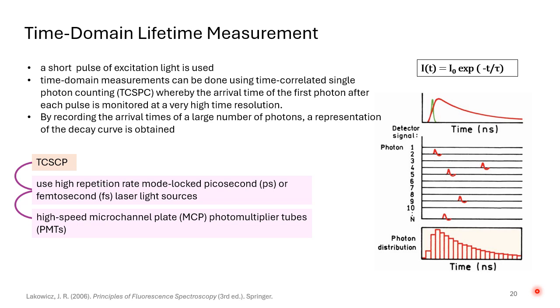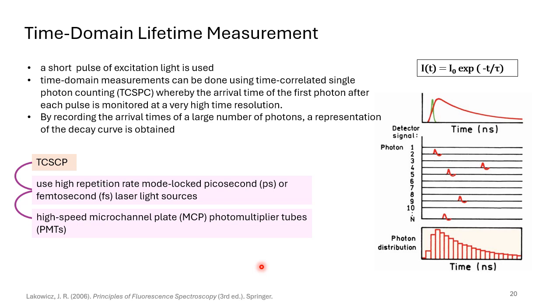So by repeating this method again and again, we will get a histogram like this. And if we fit this histogram to this equation, from this equation we can measure the lifetime tau.